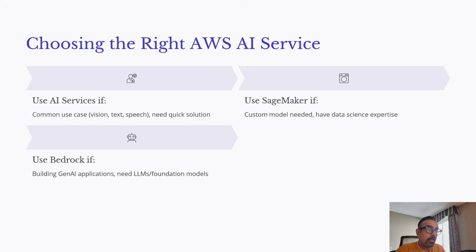So you should use Amazon Bedrock if you are building Gen AI applications and need LLMs or foundation models, like for chatbots, content generation, code assistance, or any application requiring natural language understanding and generation. Bedrock provides access to the latest foundation models without training them by yourself.